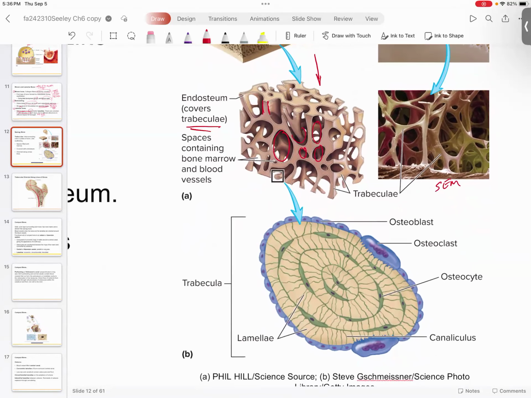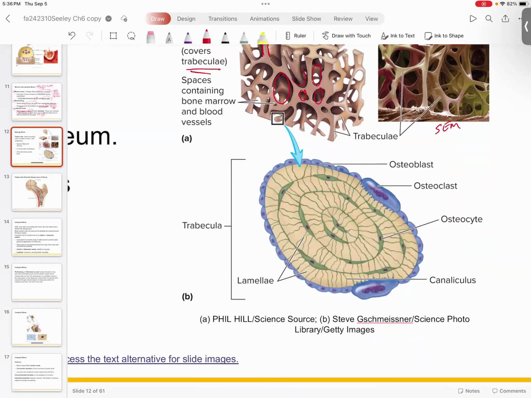Now, if I were to take a cross section of the trabeculum and look at it end on, this is basically what I would see. So this is an edge-on look of it. First of all, around the bone itself is going to be a layer of osteoblast cells. These basically lay down new layers.